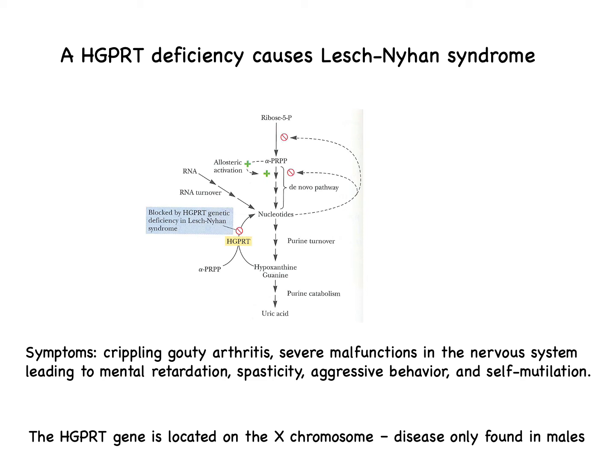Again, this is a recessive problem, so you need two bad copies of the HGPRT gene in order to have Lesch-Nyhan syndrome.